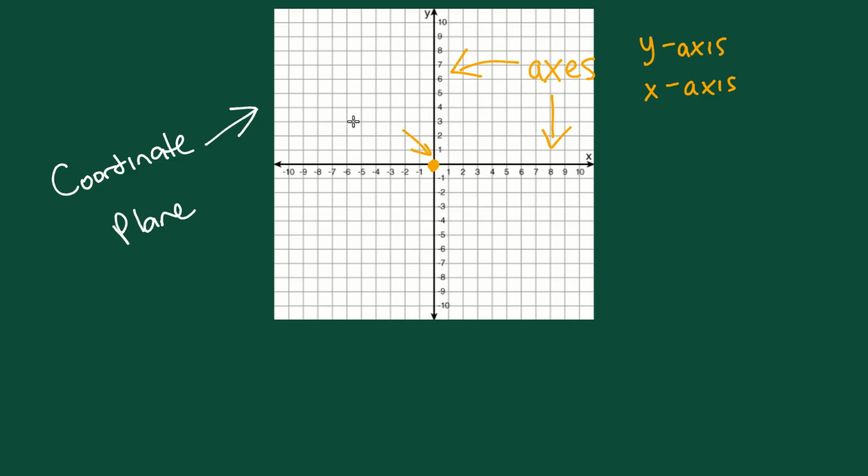This is called the origin. Okay, the origin, the very center. Another thing about coordinate planes is they are broken up into four quadrants. Quad meaning four. 1, 2, 3, 4. And the numbering system for the quadrants uses Roman numerals.